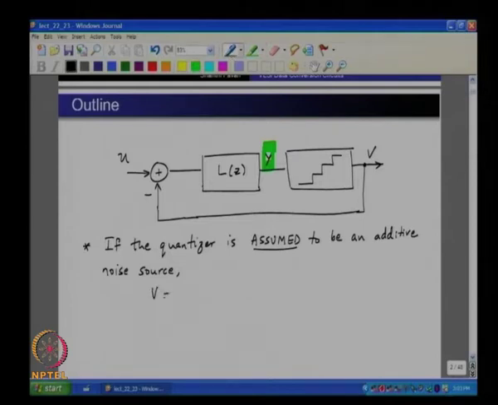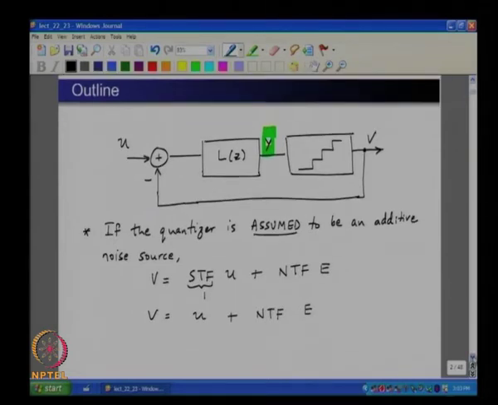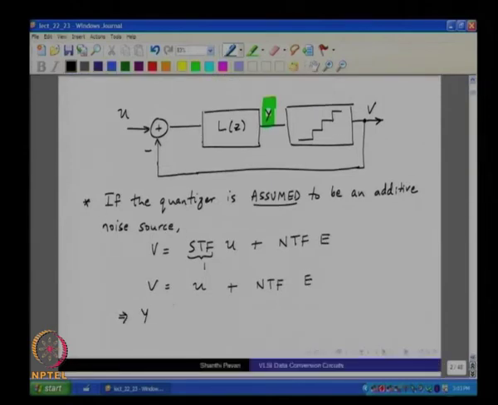So, we said V was nothing but STF times U plus NTF times E, where E is the quantization noise, okay, and this is approximately 1, which means that V is U plus NTF times E. I am omitting the Z's all over the place, and therefore the signal at the input to the quantizer Y will be given by U plus NTF minus 1 into E, right, all right.